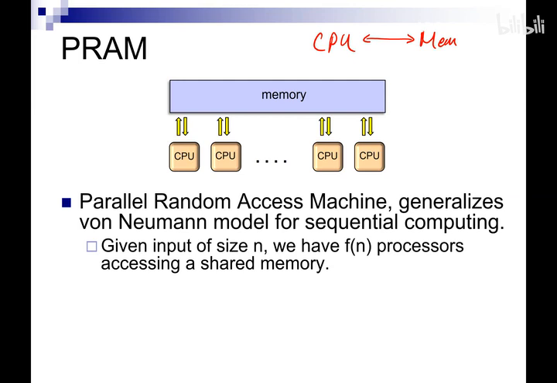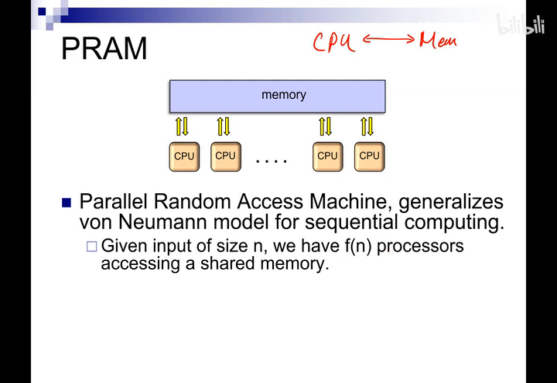So now one question is, how many CPUs are we going to use? The number of CPUs we use can actually depend on the size of the problem we're solving. So for example, let's say we're trying to sort n numbers, then we're allowed to use f of n processors for some function f that we select.